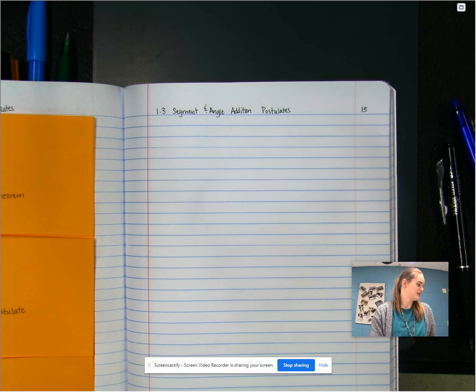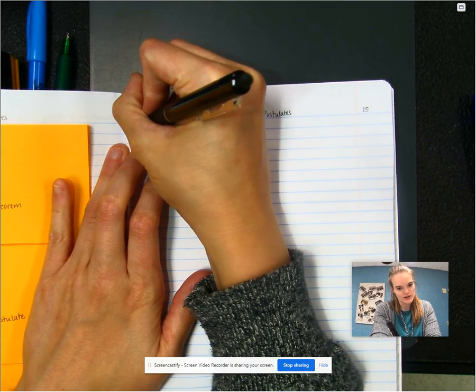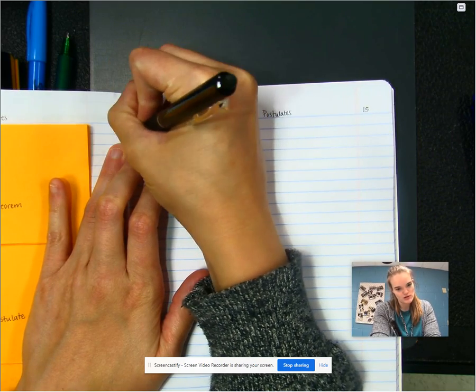Okay, page 15. You've got to write some stuff. We're going to do some examples of what we just learned.